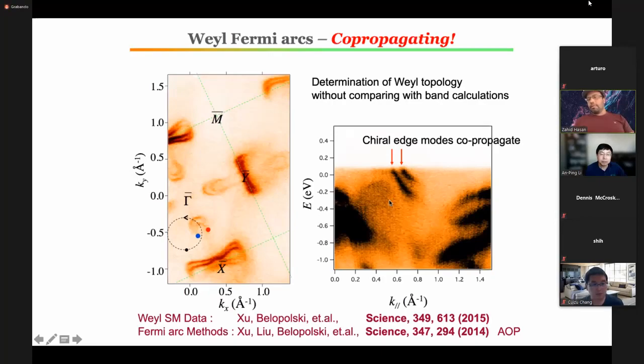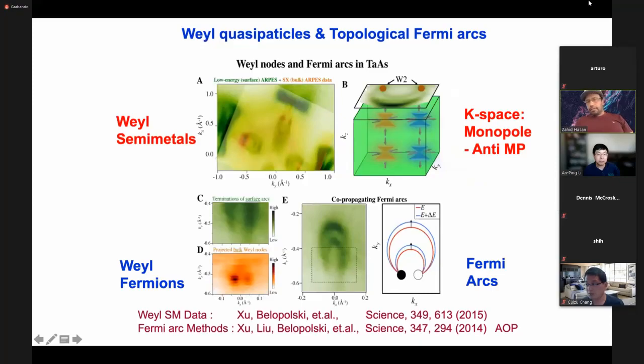In a momentum space cut inside the Weyl semimetal, you have a cut that is like a Chern insulator. In this case, you have two chiral edge modes because you have multiple Weyl points. Then we did low energy ARPES and high energy ARPES. In low energy ARPES, we see these arcs. In the high energy ARPES, we see these dots.